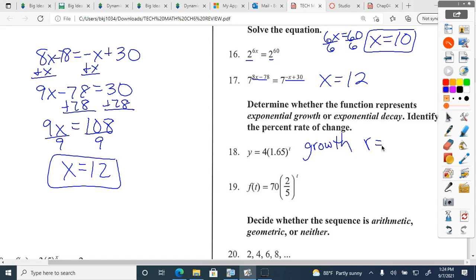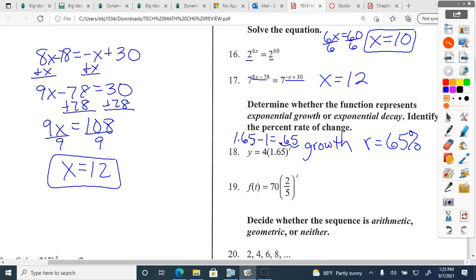How much bigger than 1 is that? 65%. Okay, 1.65 minus 1 is 0.65. And then you just change that to a percent. Wouldn't it be 0.65? No, you move your decimal over twice, 65%.